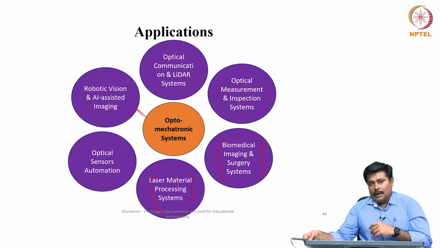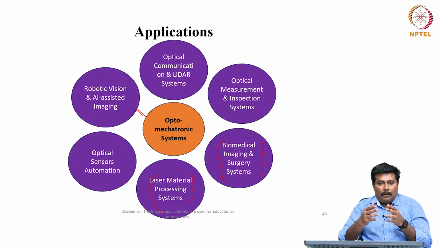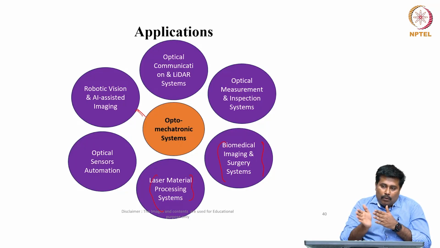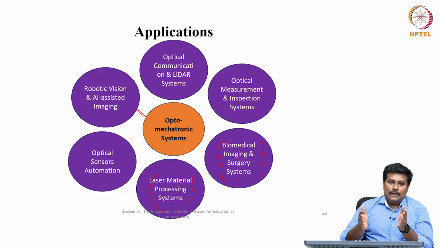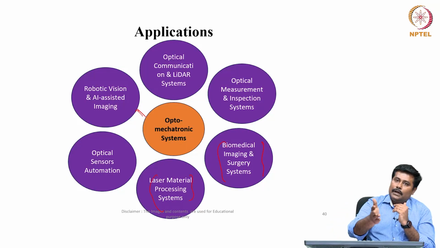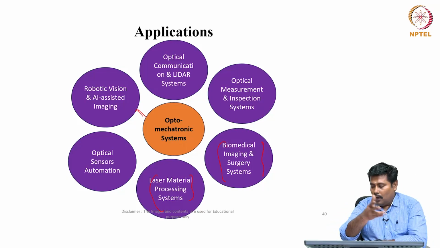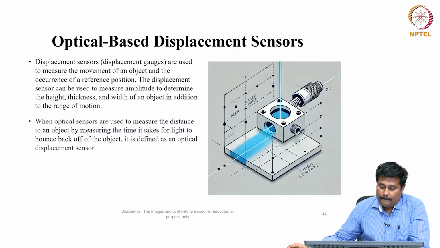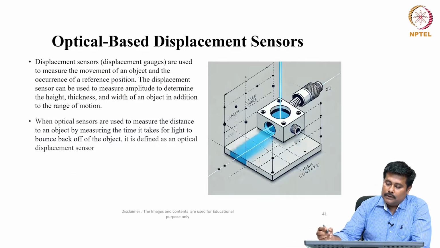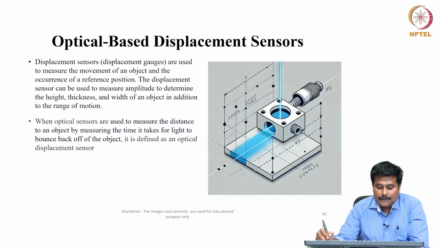For instance, today we are talking about autonomous robots which move on a particular platform, and when there is an obstacle, based on the size of the obstacle, it tries to take a boundary and move along the boundary for efficient path planning. Now, let us discuss this optical based displacement sensor.